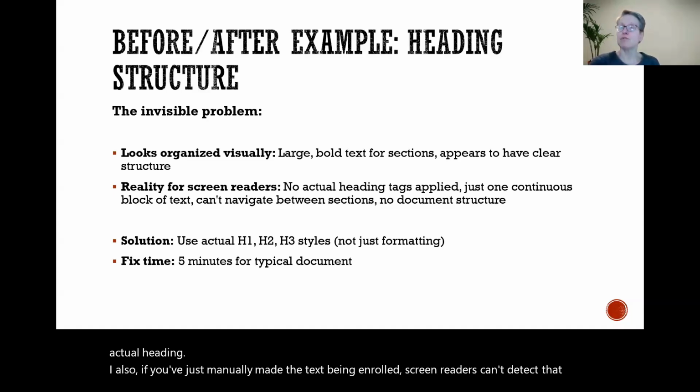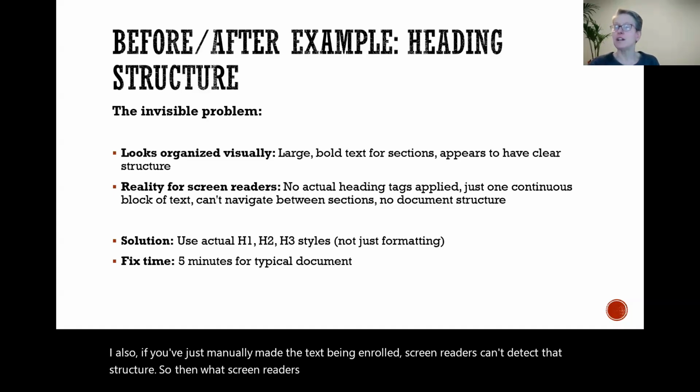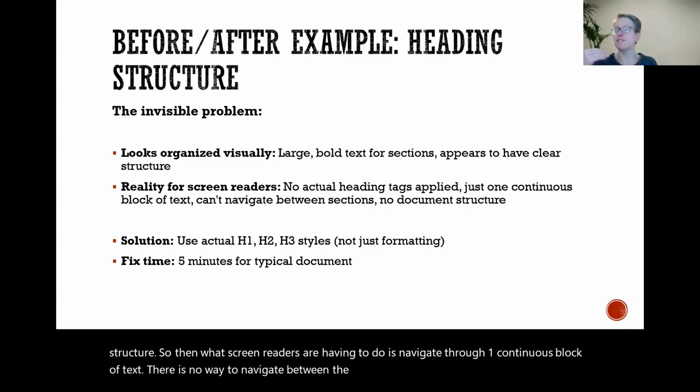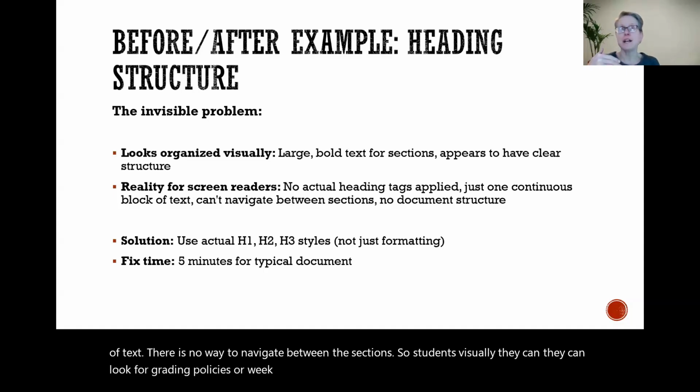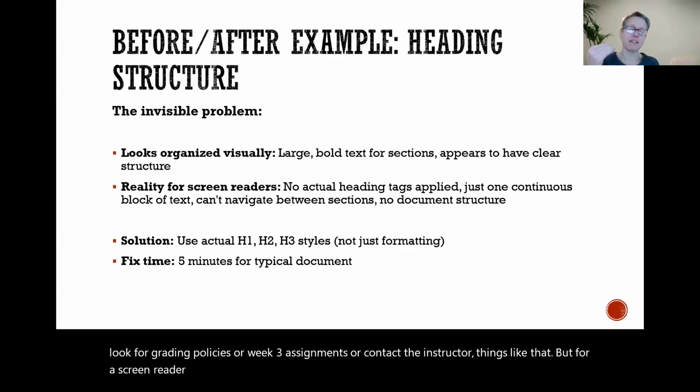So what screen readers are having to do is navigate through one continuous block of text. There's no way to navigate between the sections. Students visually can look for grading policies or week 3 assignments or contact the instructor, things like that. But for a screen reader, they have to navigate everything linearly from the beginning to the end.